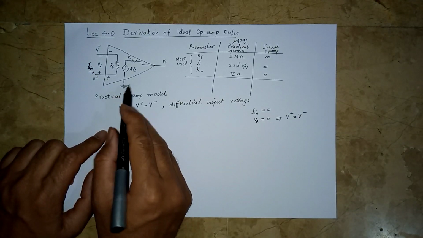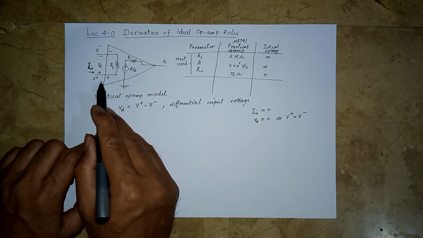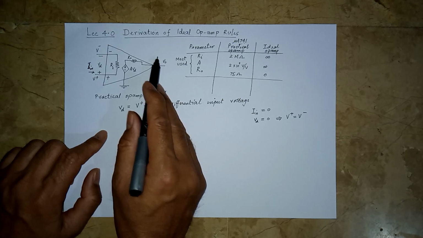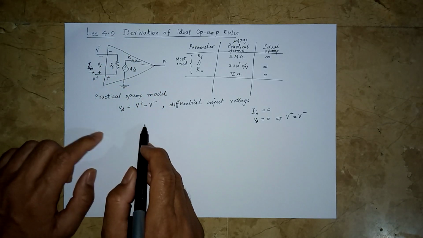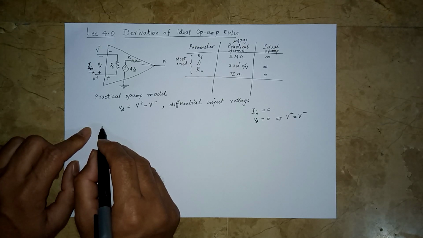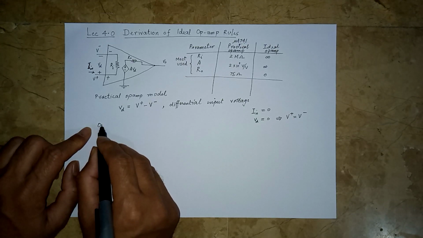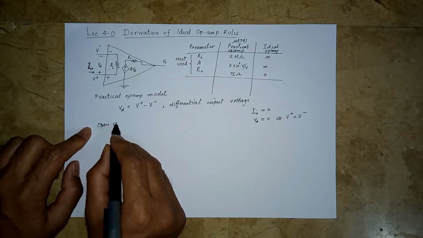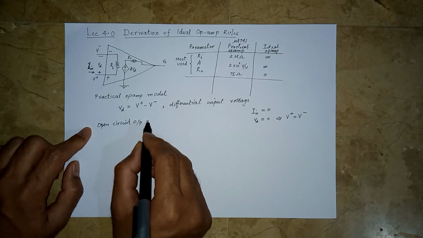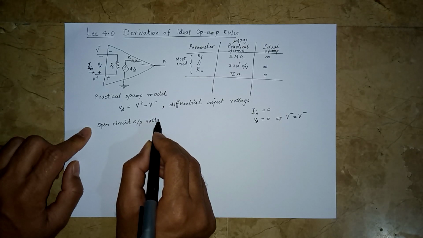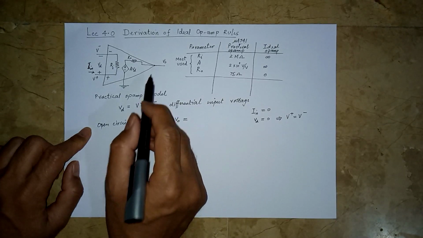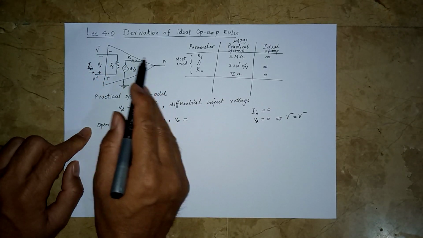Now here in this circuit we can see that if there is no feedback resistor, or there is no feedback from the output to the inverting input, the case that we can refer to as the open circuit configuration, then the open circuit output voltage VO would be equal to, so there is nothing that connects the output to the input.